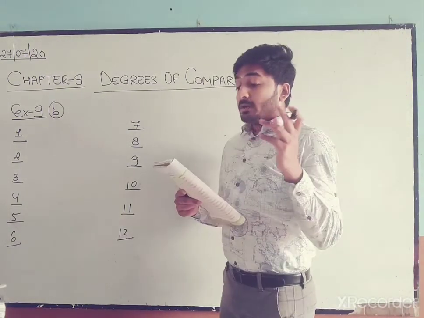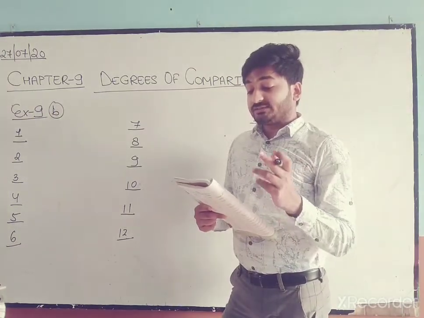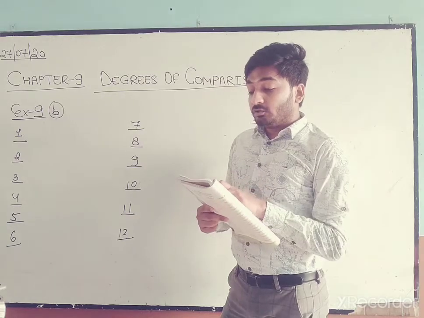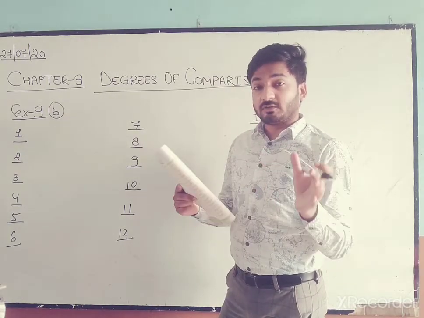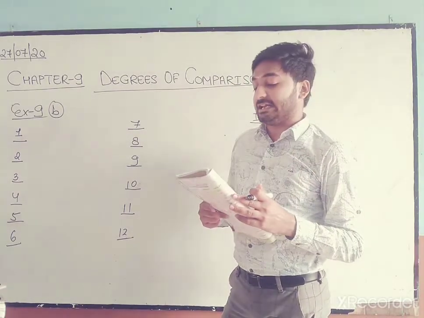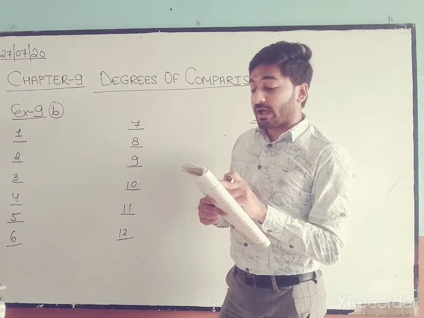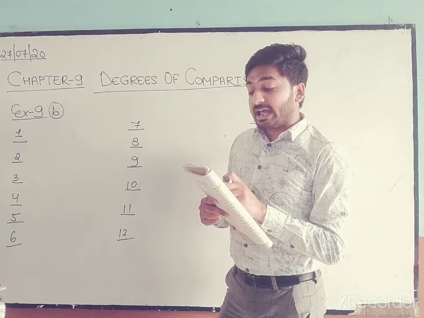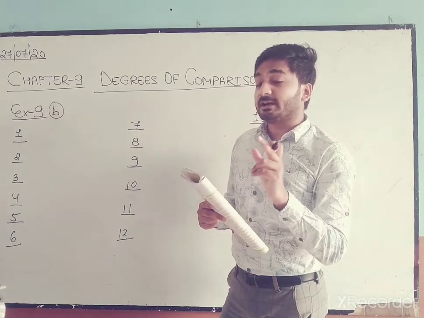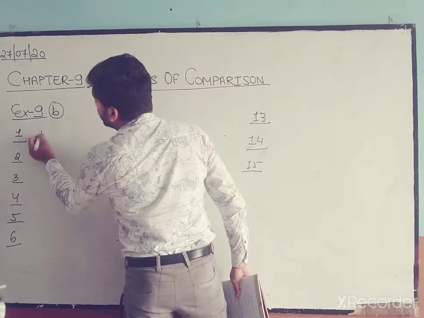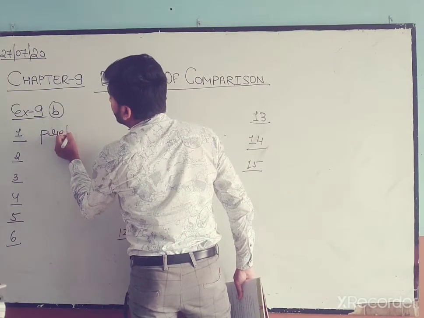See, number 1, Betty's dress is dash than yours. What is happening? Betty's dress and yours are being compared with each other. And after the blank there is than. I have told you already, if after the blank there is than, that means we have to write the comparative degree. So pretty has one syllable, then what will come? Prettier.